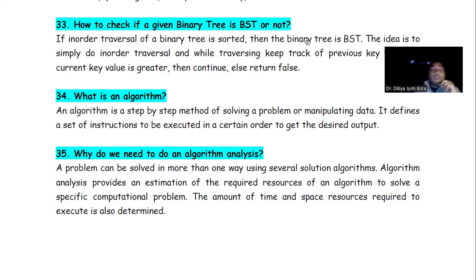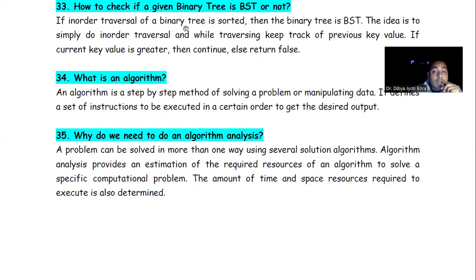The idea is to simply do the in order traversal, keeping track of the previous key value. If the current key value is greater, then continue, else return false. So just remember, in case of a BST, in order traversal will give you the elements in a sorted way.